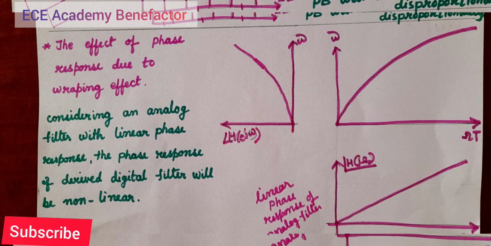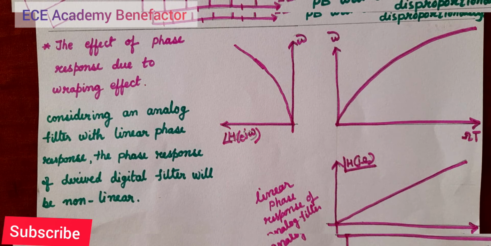So, bilinear transformation method is used for the design of IIR filter. Second point, bilinear transformation method is an indirect method of designing an IIR filter. First, we have to find the transfer function of an analog filter and then transform it to a digital filter by using the relation S is equal to 2 by T times 1 minus Z inverse by 1 plus Z inverse.